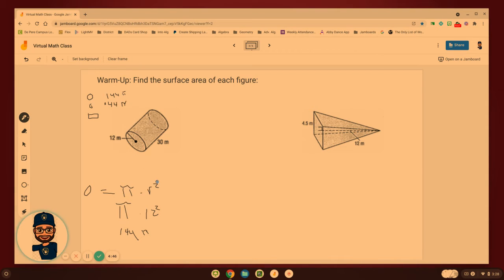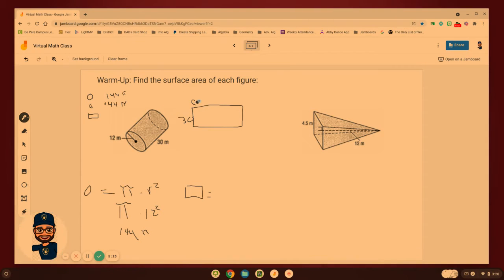Now the rectangle, that's a little bit trickier in a cylinder. So for the rectangle, we typically have length times width, right? And they give us the width. The width is 30. But the length is equal to the whole entire circumference of that circle, because the label has to cover and go all the way around.